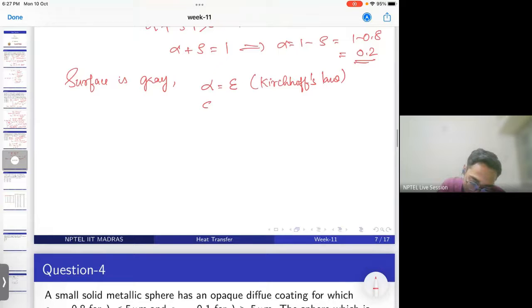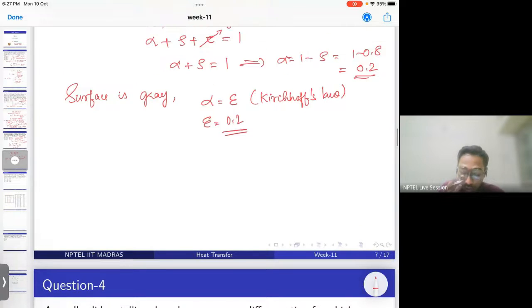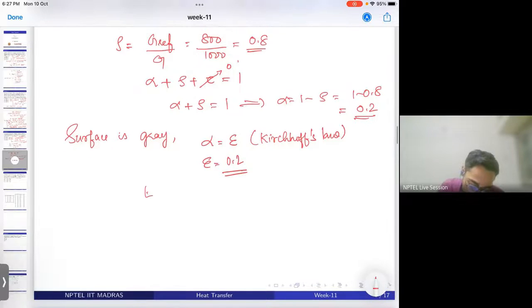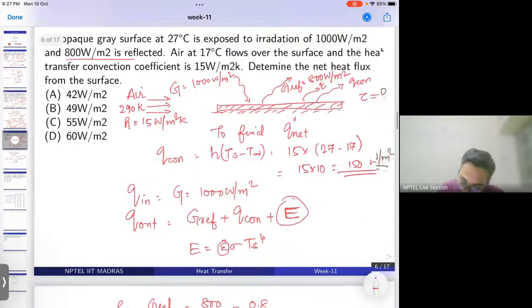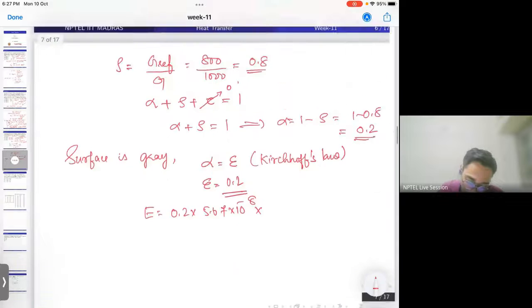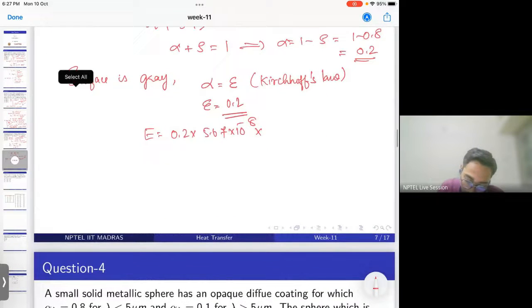So now we have the emissivity also. So emissive power is equal to 0.2 into 5.67 into 10 raised to minus 8, and the surface is at 27 degrees Celsius, so we have 300 raised to 4. So E is equal to how much?